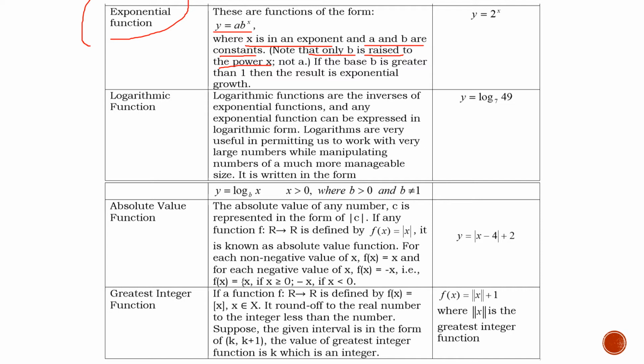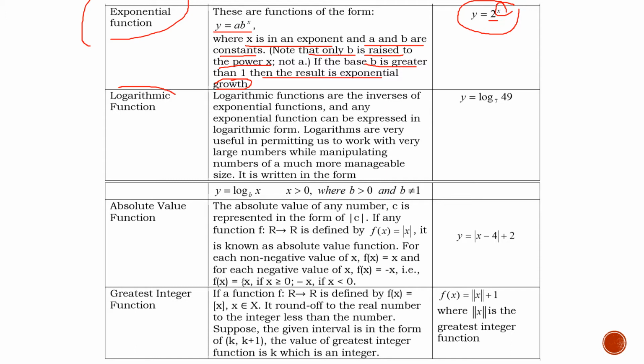So if the base b is greater than 1, then the result is exponential growth. So y is equal to 2 raised to x is the best example of your exponential functions, wherein your base is a number, then your exponent is a variable x.